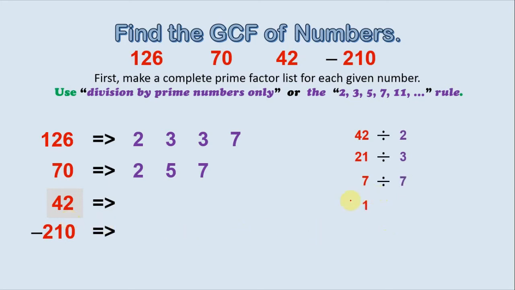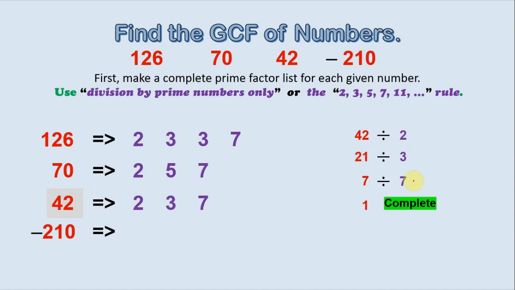Now, reaching 1 or negative 1 indicates that the prime factor list is complete. Now, list down the prime factors for 42, which are 2, 3, and 7.